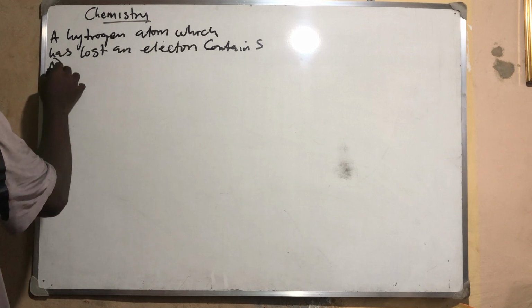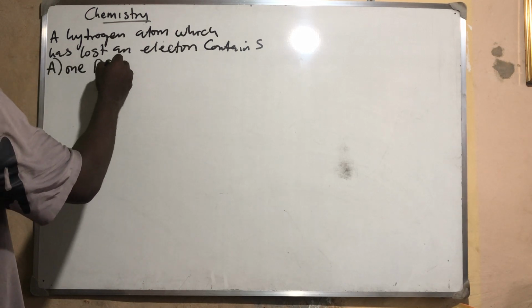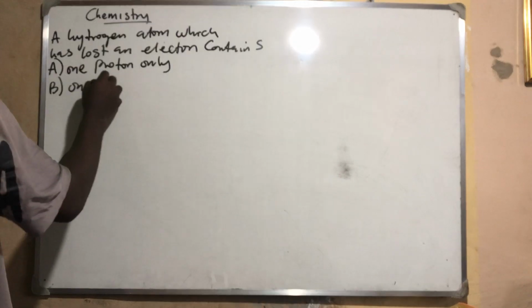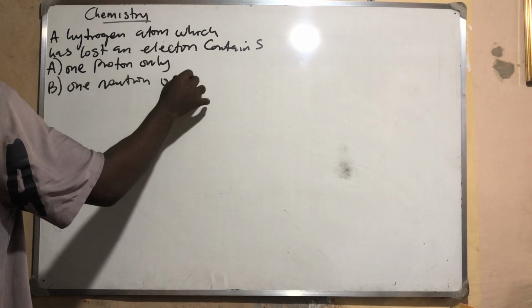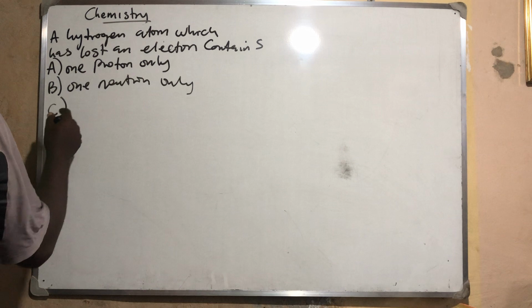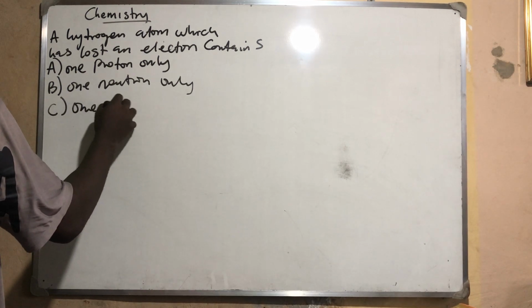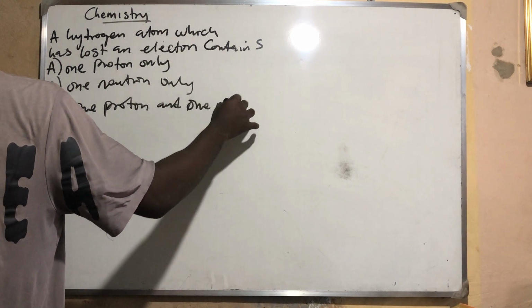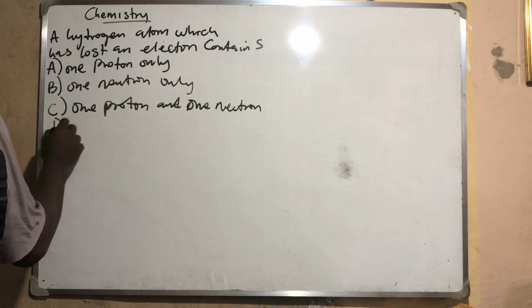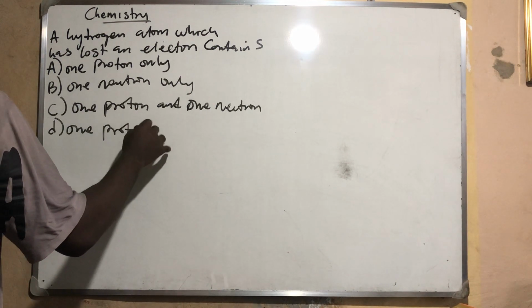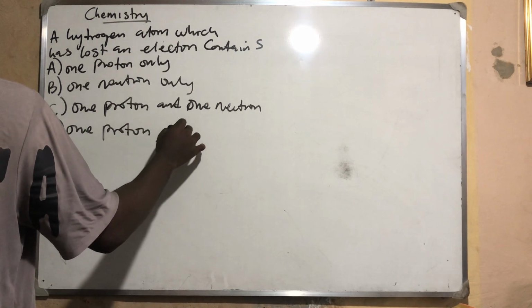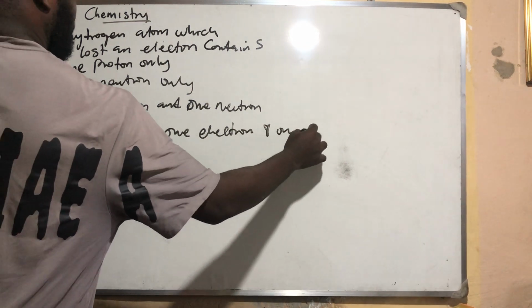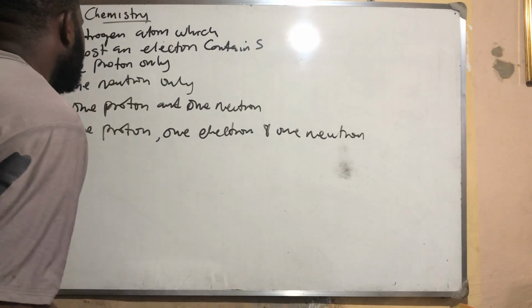Contains dash: A, 1 proton only; B, 1 neutron only; C, 1 proton and 1 neutron; D, 1 proton, 1 electron and 1 neutron. Okay, so solution.